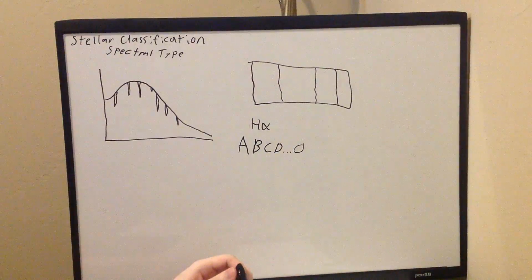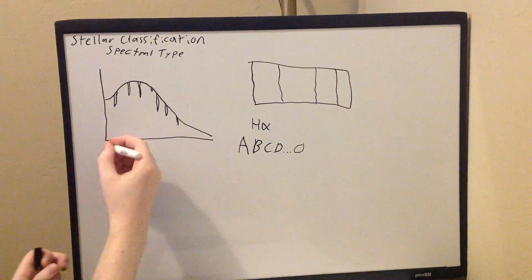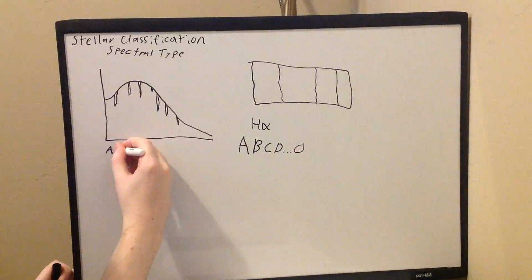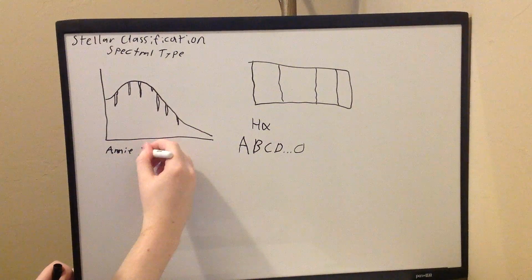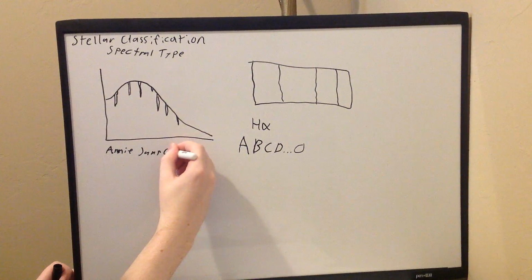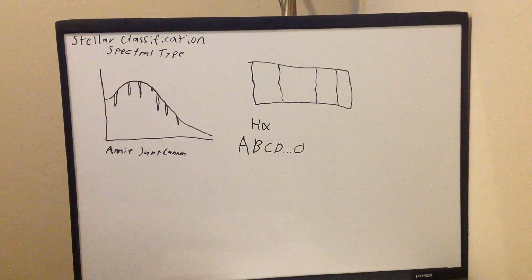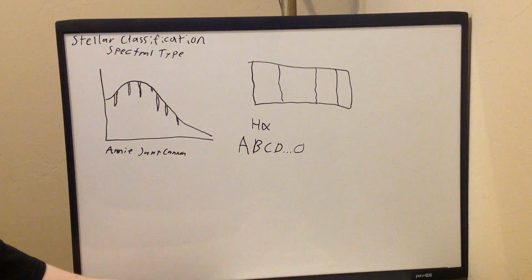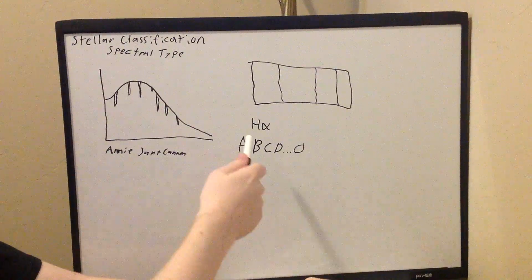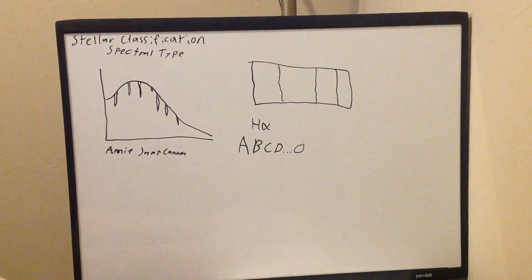However, a little bit later, also in the early 1900s, we had a very famous, very influential astronomer, Annie Jump Cannon. Annie Jump Cannon thought that the strength of the hydrogen alpha line was not really a very important or interesting quality of a star.